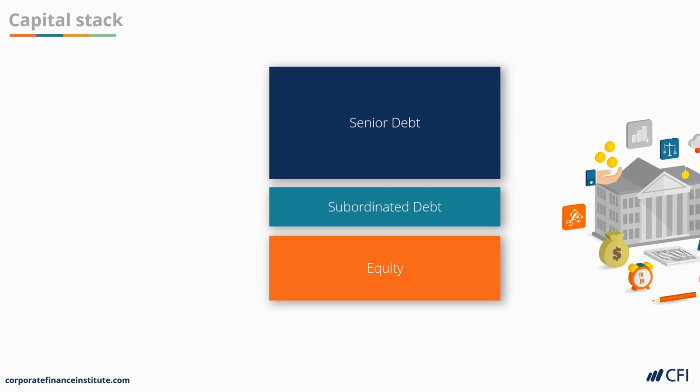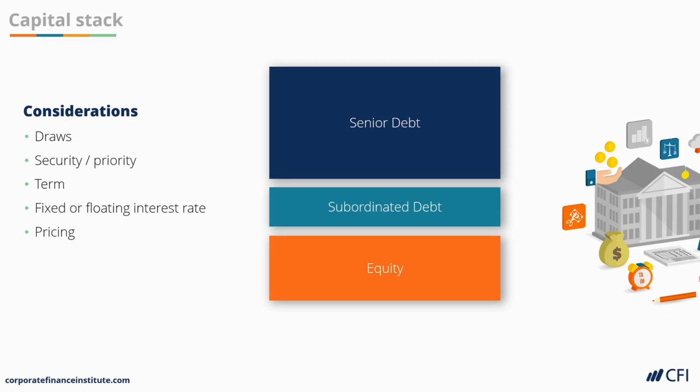Now, when designing a capital stack for a project, there are many important considerations that have to be taken into account. Things such as the draws, the security, term, interest rates, and pricing. So the draws refer to the timing at which the capital will be used to fund the project. The security is your position in this capital stack, whether it's at the top, middle, or bottom.